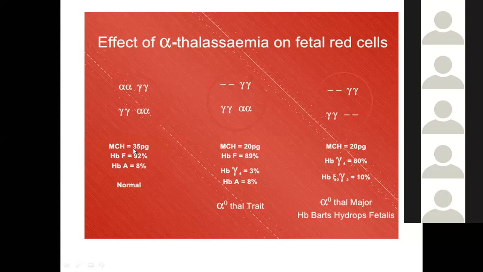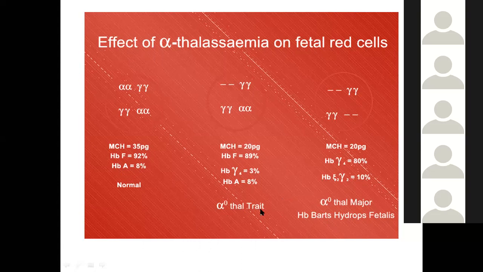Normal MCH is 35 picograms, but here it is 20 picograms. The same 20 picograms, because it is deficient in having 2 alpha chains. Then hemoglobin A is 8%, hemoglobin gamma 4 is 3%. And then you can see this picture, normal, and then with the alpha thalassemia trait.